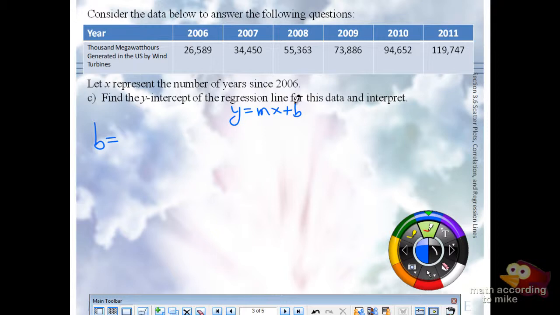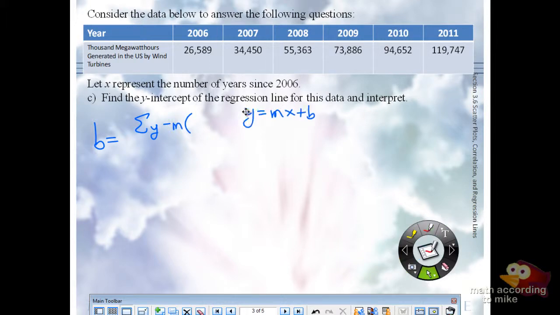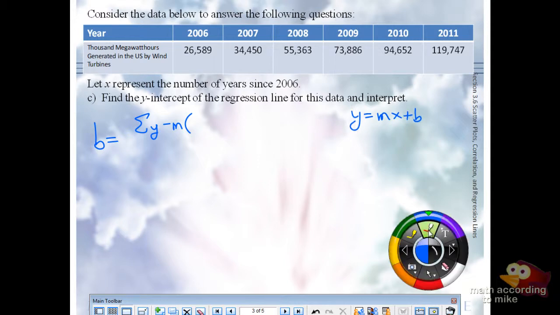The formula for b is the sum of the y's minus m times the sum of the x's, over n. This one, in comparison, is not as bad as our m.